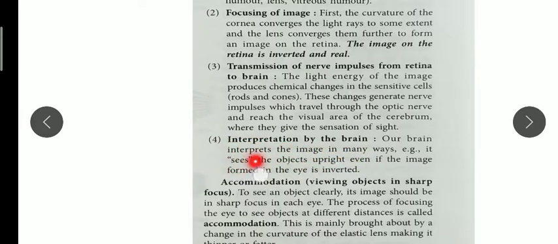Our brain reads the impulses or messages that come from the optic nerve and interprets them in many ways, related to the object's size, shape, and distance. The image formed on the retina is inverted, but our brain is able to judge it as an upright image, reading it in an upright way.